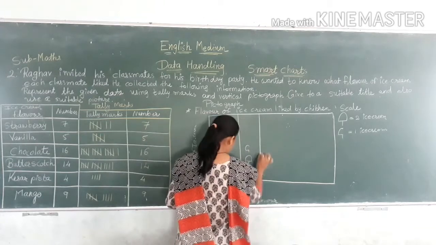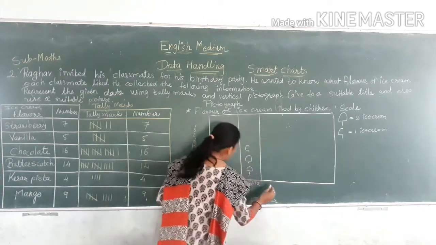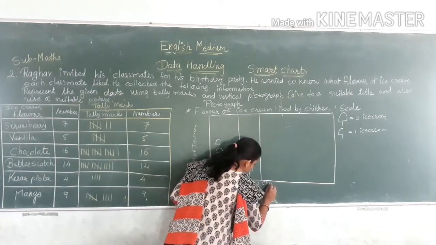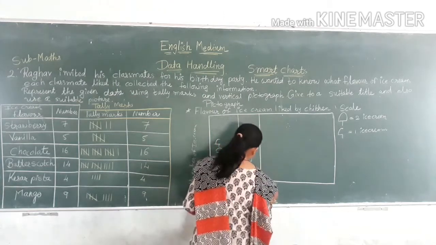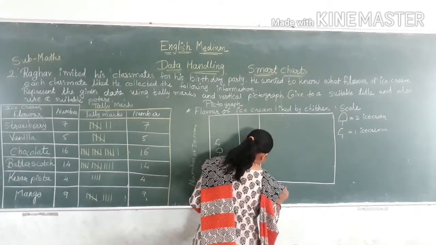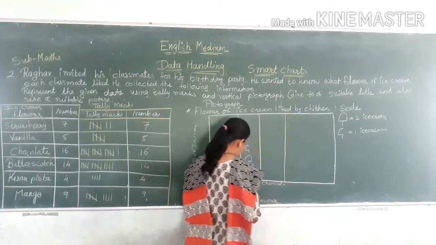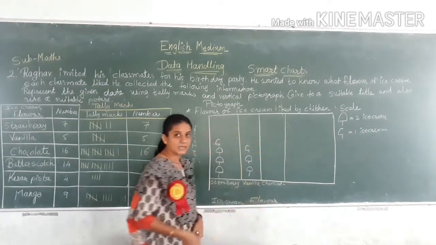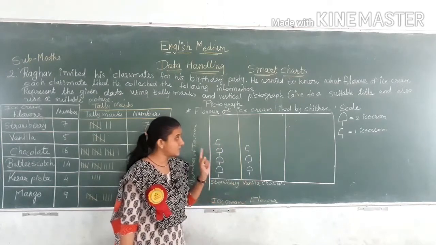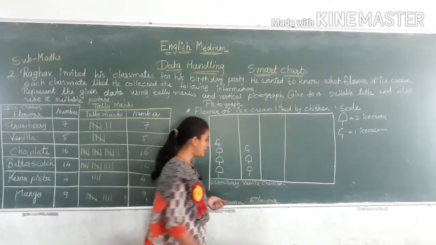Now next one, chocolate. How many children are there? 16 children are there. So 8 2s are 16. We are making 8 candies here.